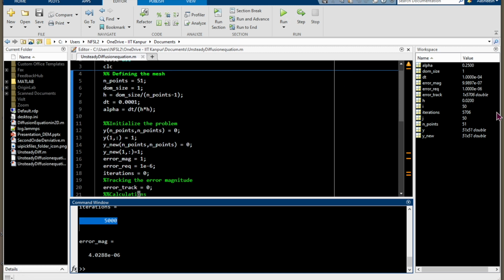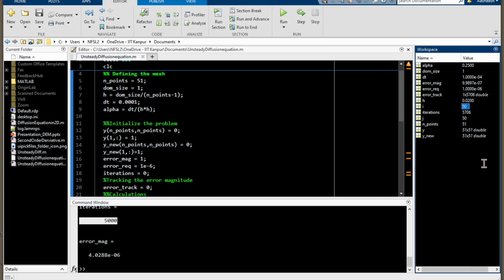Sorry, h square is not that. H is 0.02. 0.02 into 0.02, 10 to the power 4 into 10 to the power minus 4. So 1 by 4, 0.25 is coming here. And I is 50, as I said, and iteration is 5706, in which we got the value.